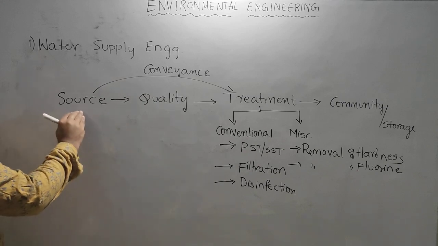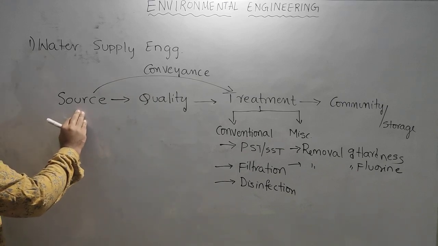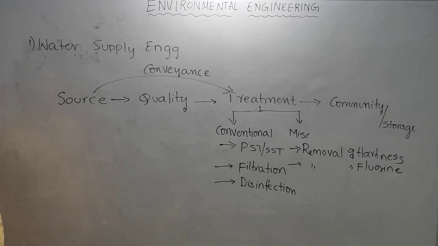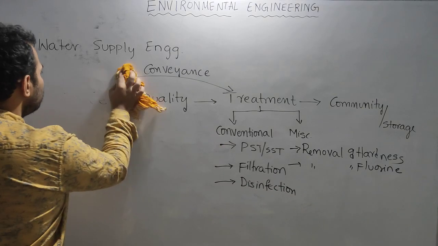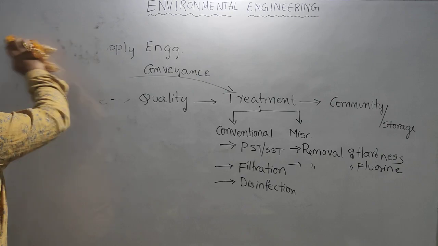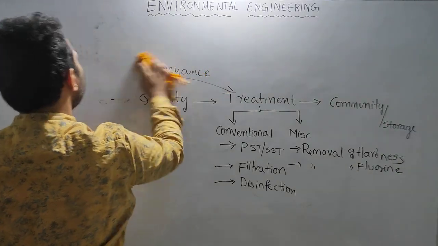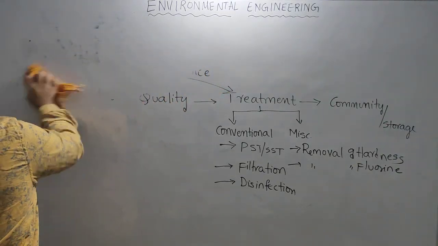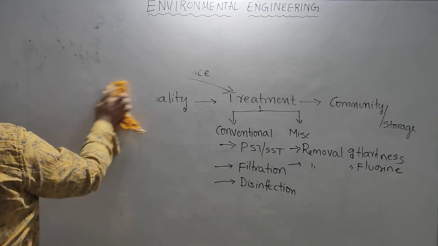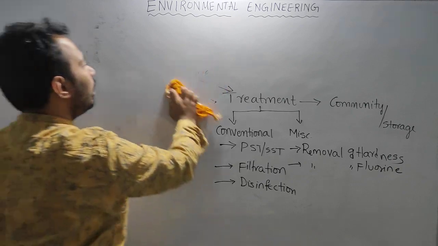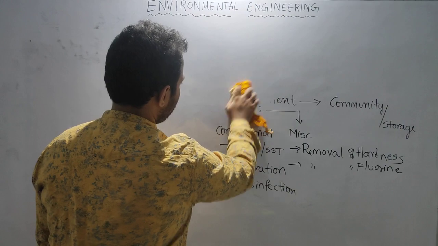So let us come to the first and most important component of our water supply, that is the source. How to fix a source? Source can be finalized by taking the demand into consideration.